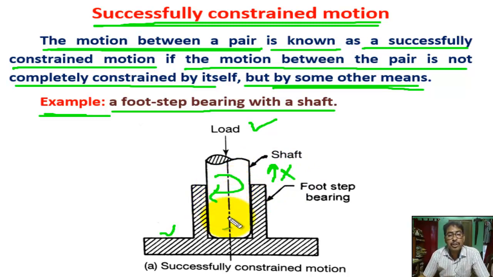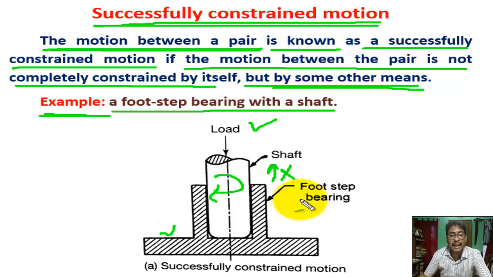Then the motion of the pair becomes completely constrained. Okay, this completely constrained motion is obtained by some other means, here by placing the load on the shaft.